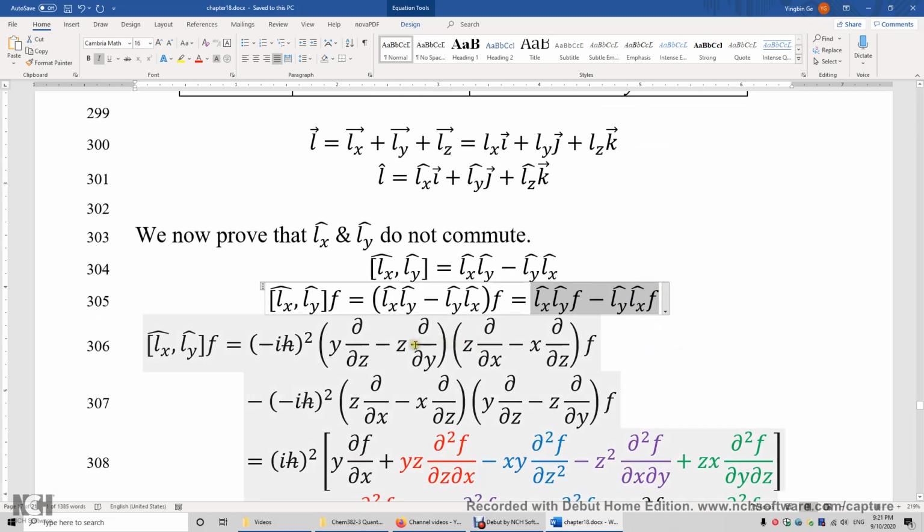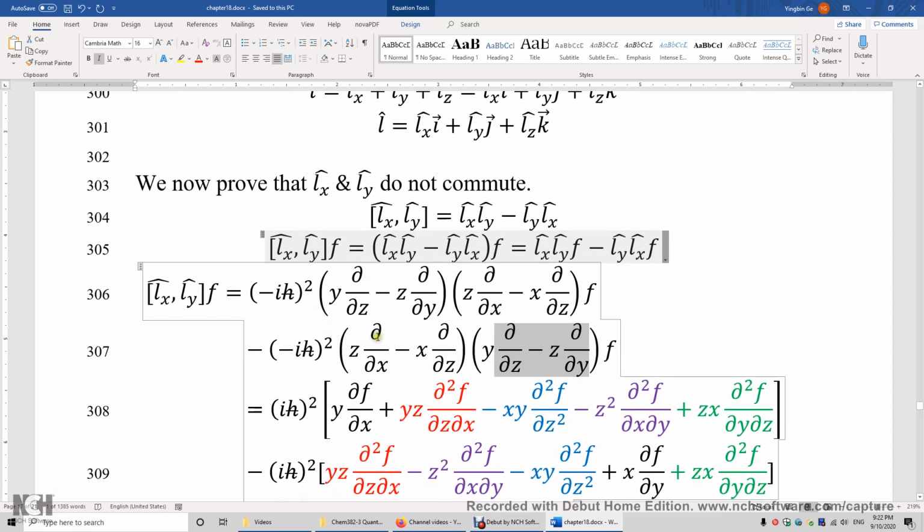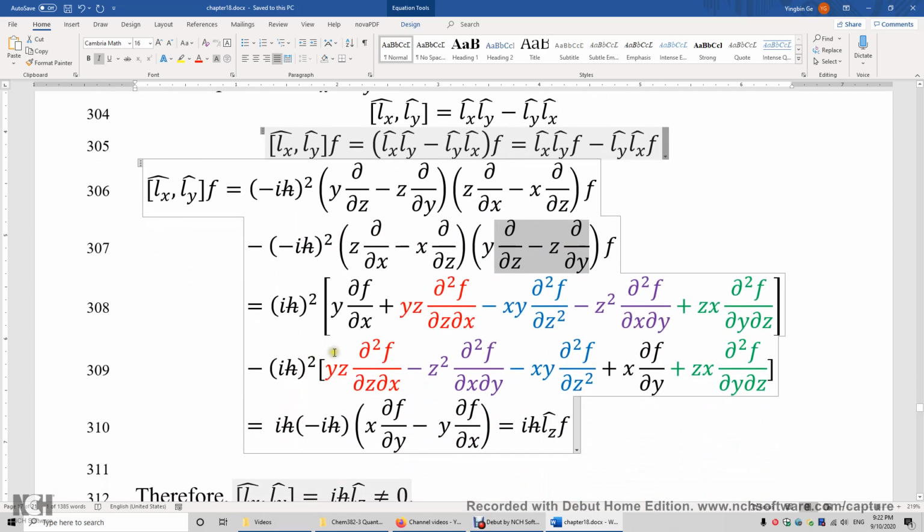Now we plug in the expression for Lx, Ly, Ly, Lx. And we expand everything. We get 5 terms here and 5 terms here. And this is i h bar squared. This is negative i h bar squared. So if you pay attention, these two terms in red cancel. These two terms in blue cancel.